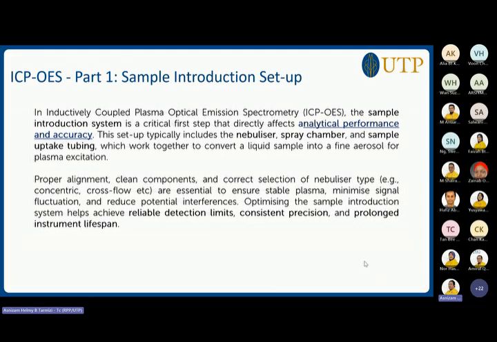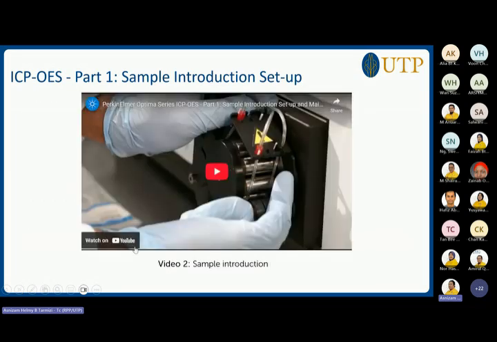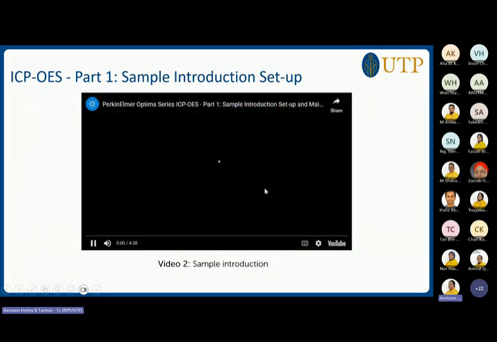Optimizing the sample introduction system helps to achieve a low detection limit, consistent precision, and prolong the instrument lifespan. This is the video on how the sample introduction is set up.